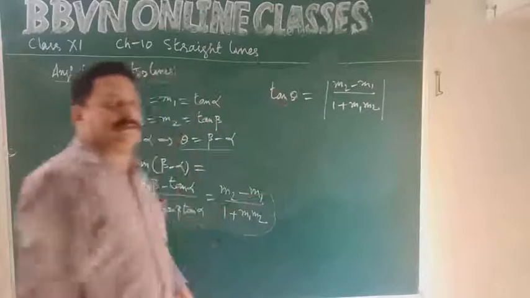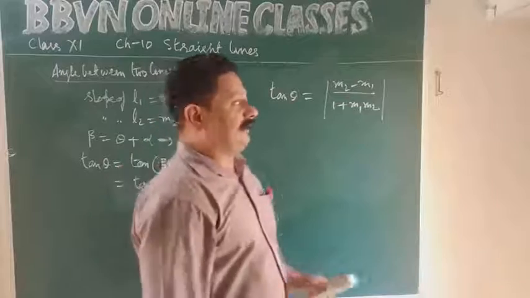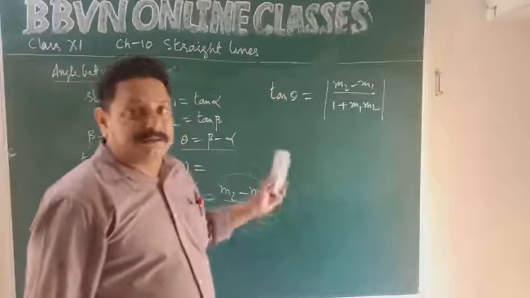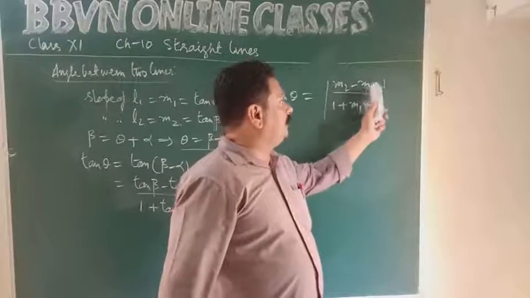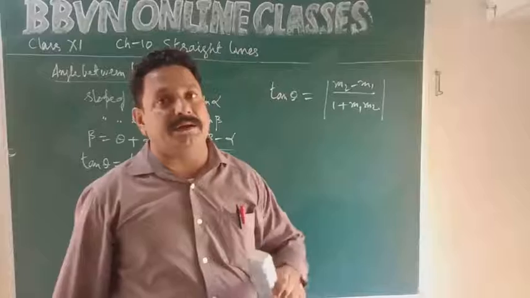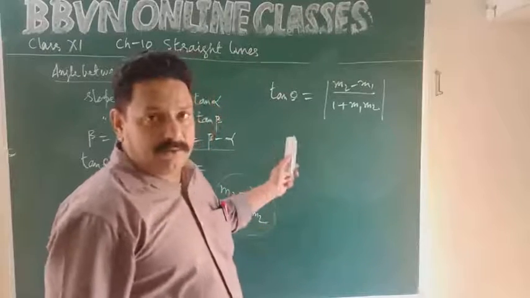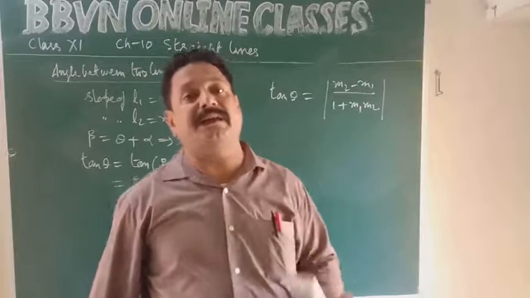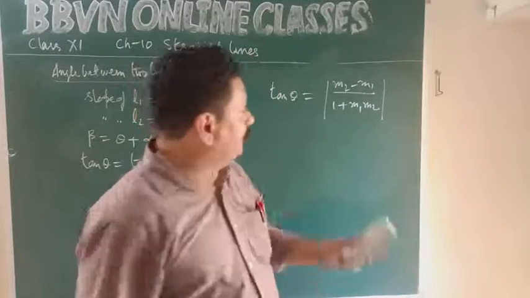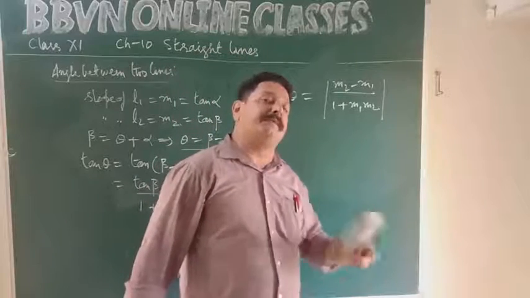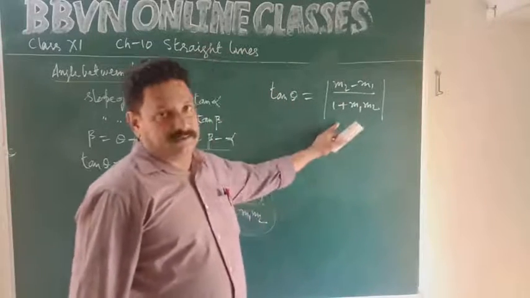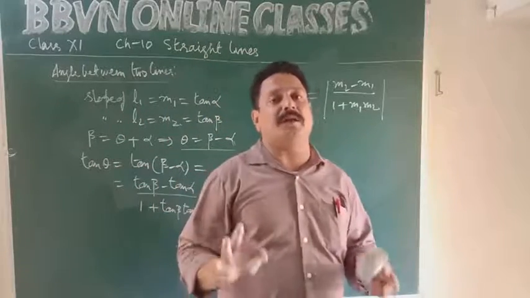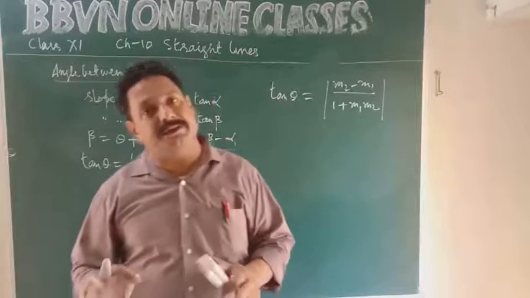If theta is the angle between two lines and the slopes of the lines are given as m1 and m2, then the tangent ratio of the angle between them, tan theta, is mod of m2 minus m1 upon 1 plus m1 m2. Got the point? We take the modulus just to nullify the effect of the negative sign. We never know whether m1 is greater than m2 or m2 is greater than m1, so use this modulus sign, because we consider the acute angle only when we talk about the angle between the lines.